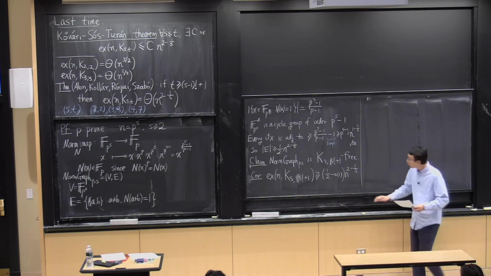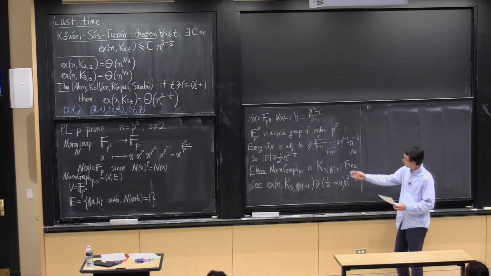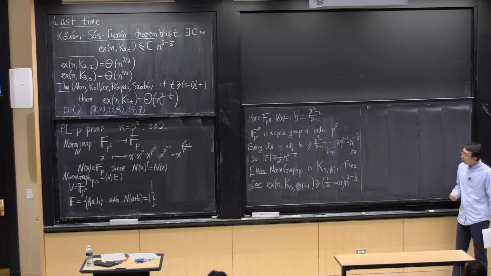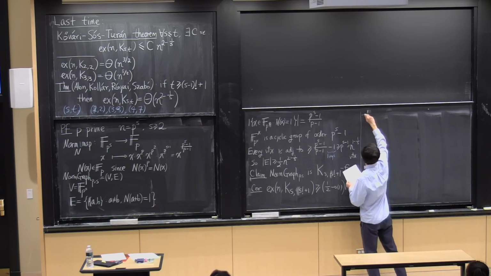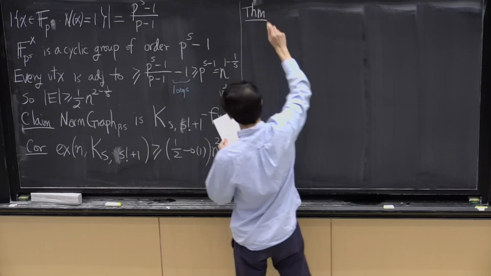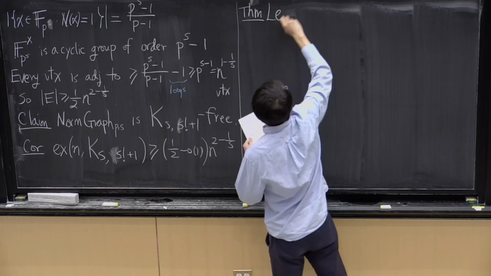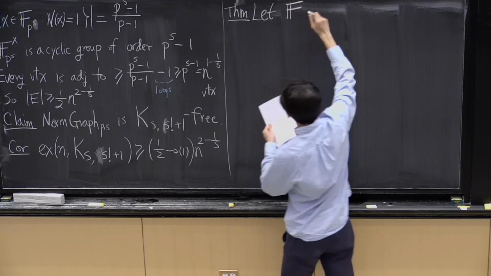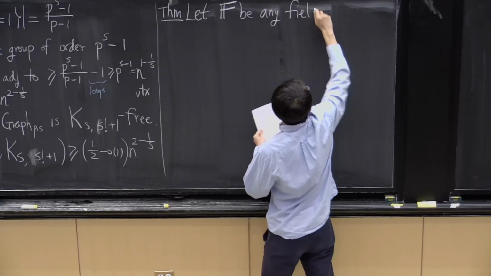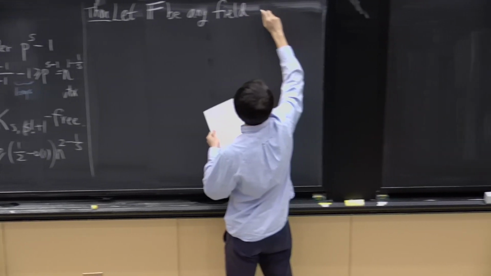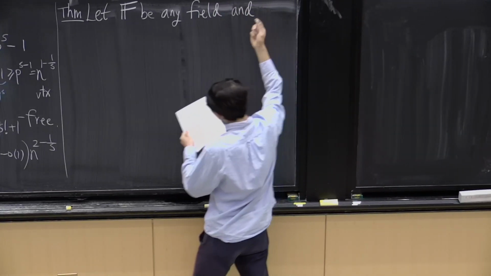Now let's show that this graph here is K_{s,t}-free. For that claim, we need to invoke an algebraic fact, which let me write down now. Suppose we have a field F. Any field will work, a finite field, but any field is fine.